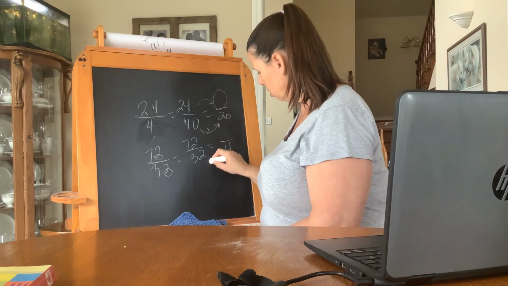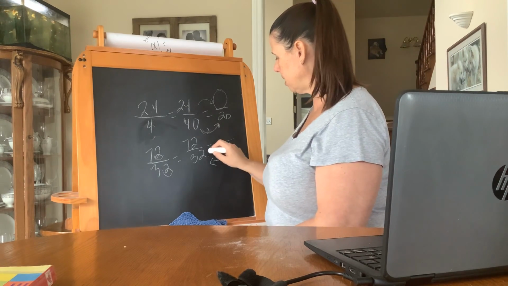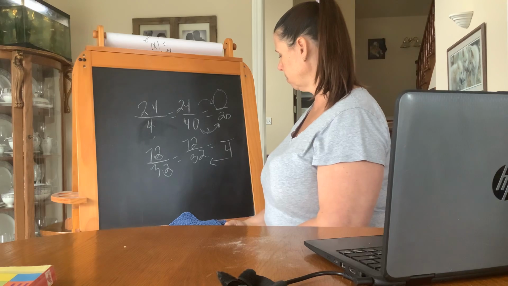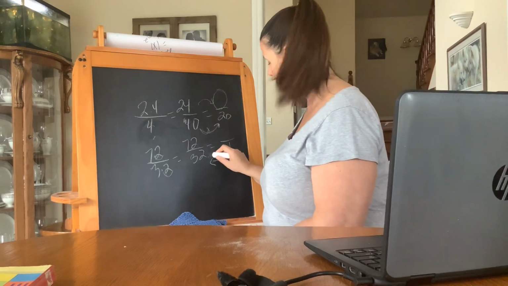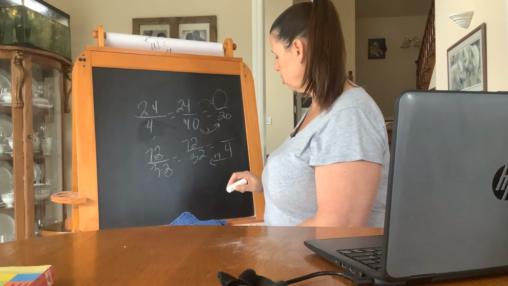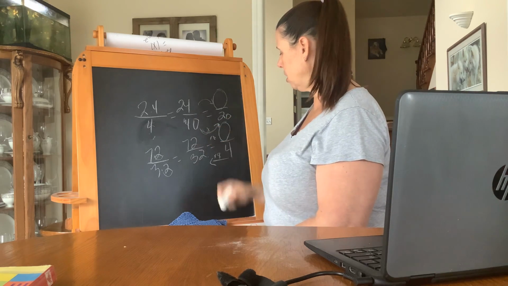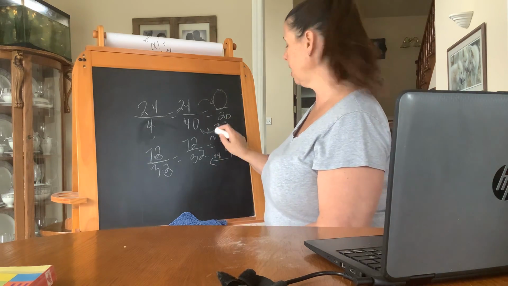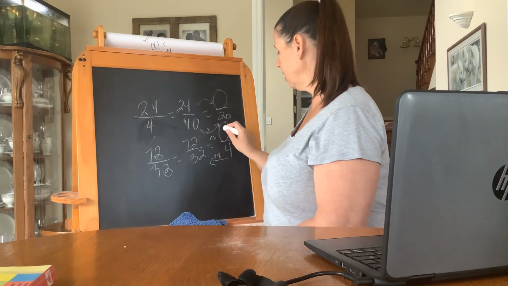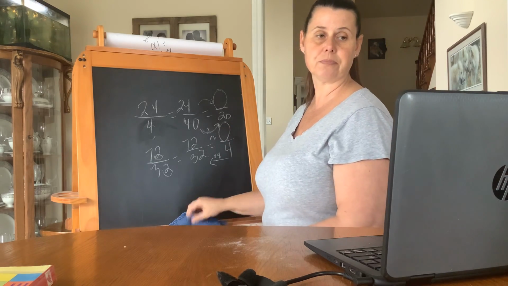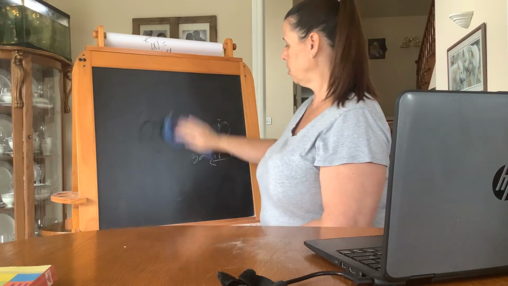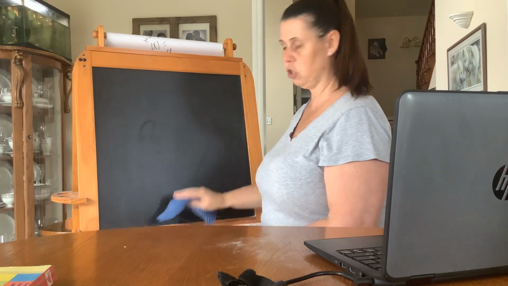So my arrow is going to go this way. 4 times something equals 32. I know that 4 times 8 is 32. So what times 8 is 72? Or you could think of it as 8 times what is 72. And that's what's going to tell you what goes in that place. Okay? Finish that one. It's a really short day today. Come back for number 3.